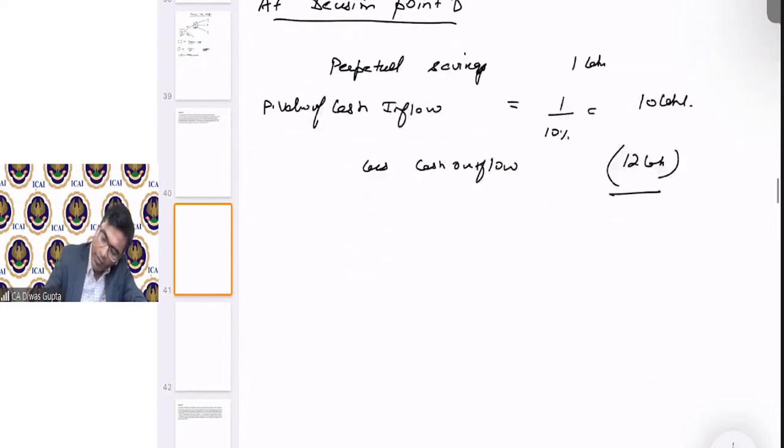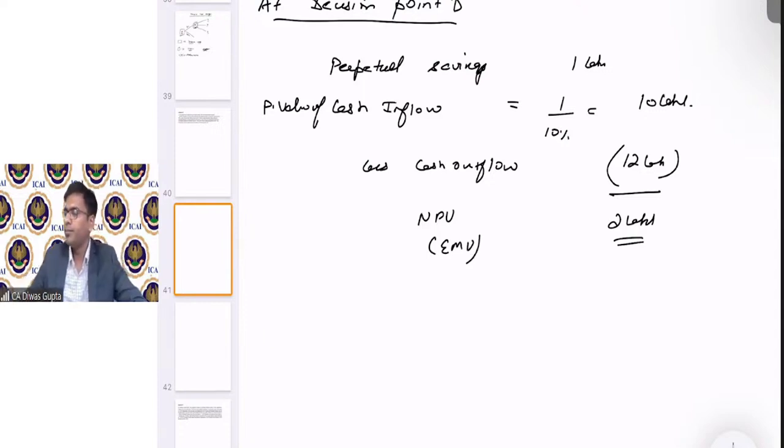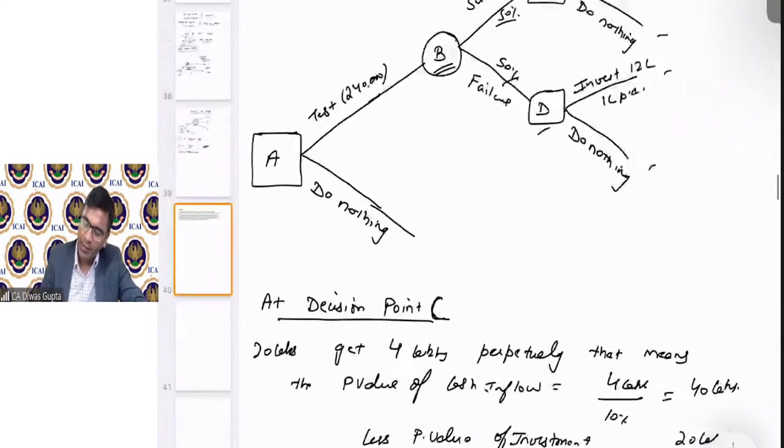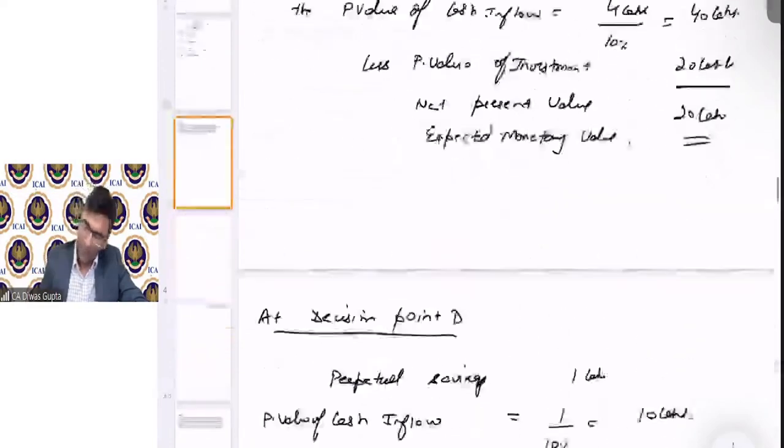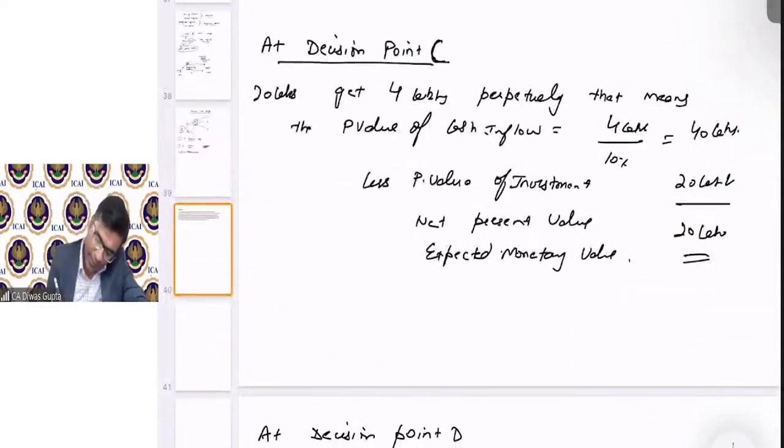So there is a negative of 2 lakhs. NPV or EMV, by whatever name you want to call it. So is it beneficial? No, right? So at decision point D, what is beneficial? Do nothing, not to invest, because if you decide to invest, you will lose 2 lakh rupees, correct?